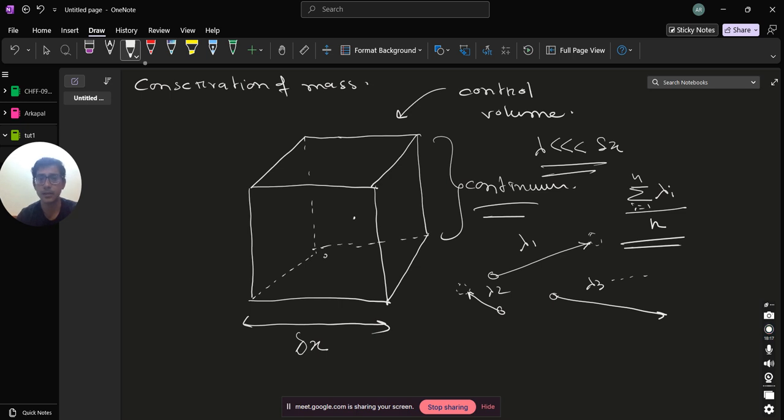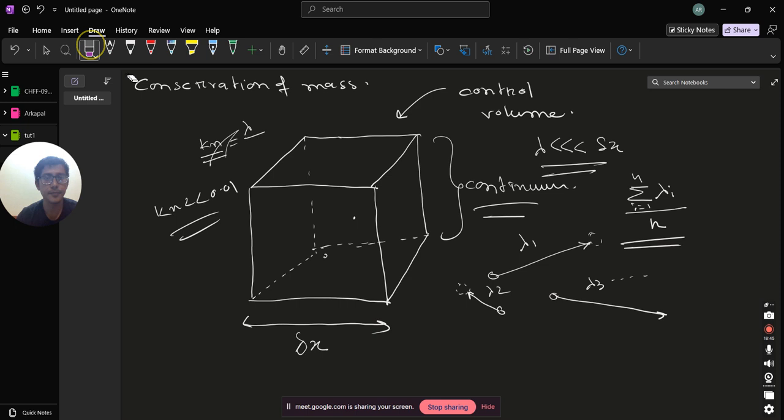This is the initial assumption that we make. There is something called the Knudsen number, which is nothing but the ratio of the mean free path divided by delta x. It needs to be very much less than, for example, 0.01 for the continuum hypothesis to be valid.